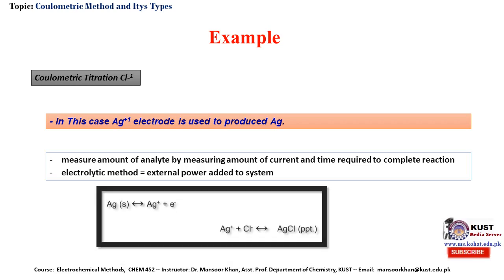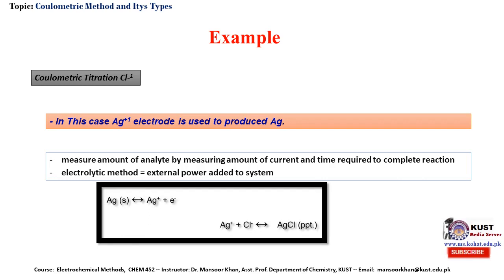This is the reaction. Silver solid is converted into silver chloride and precipitated. So this example shows us how the colorimetric method can be used quantitatively for an analyte.